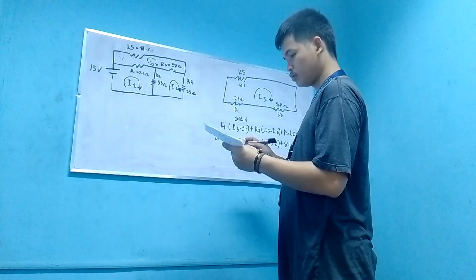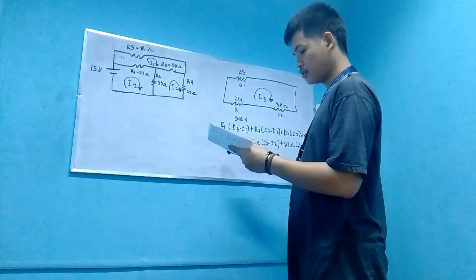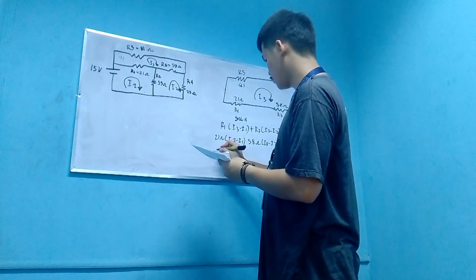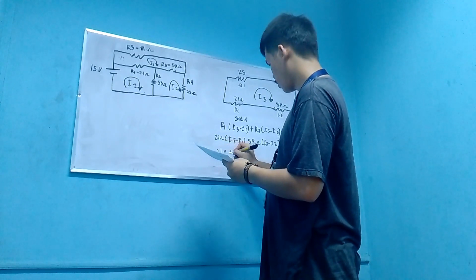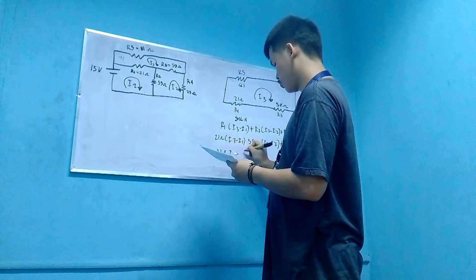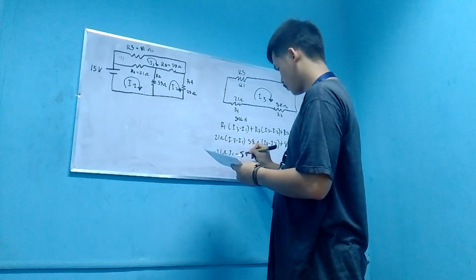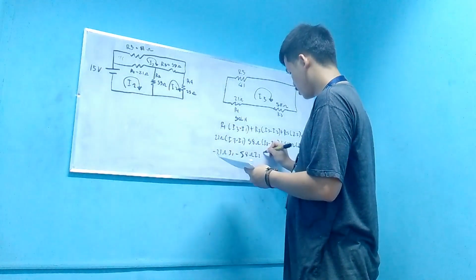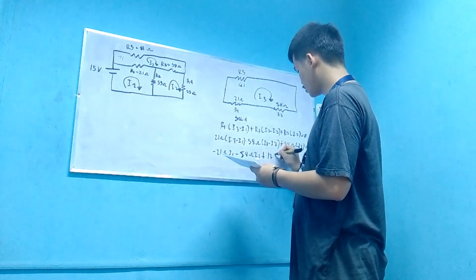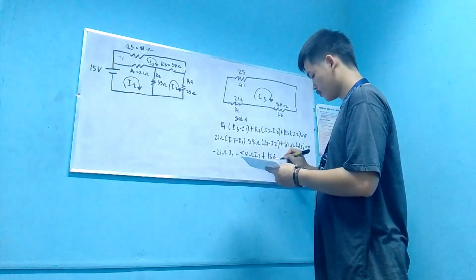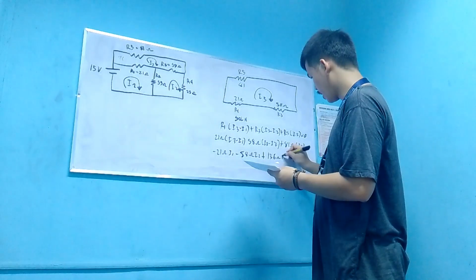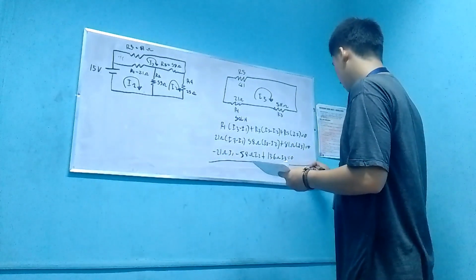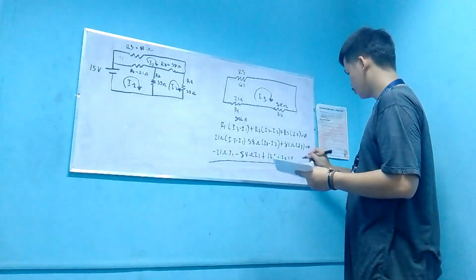Then identify same terms. So negative 21 ohms for I1 minus 58 ohms for I2 plus 136 ohms for I3 equals to 0. So this is our loop 3.